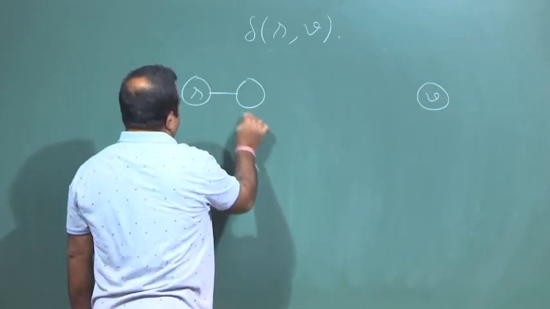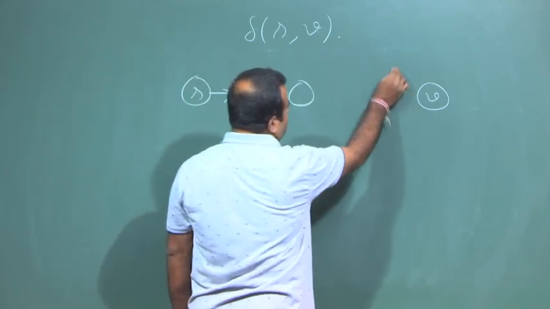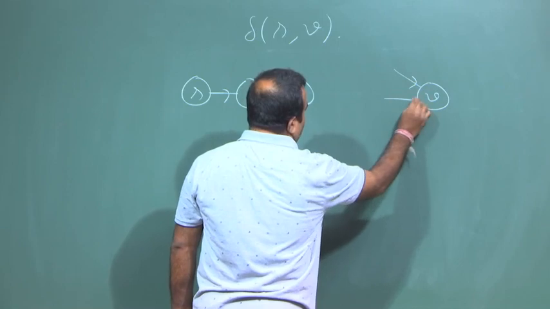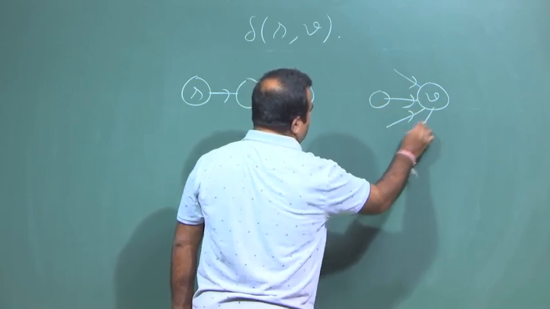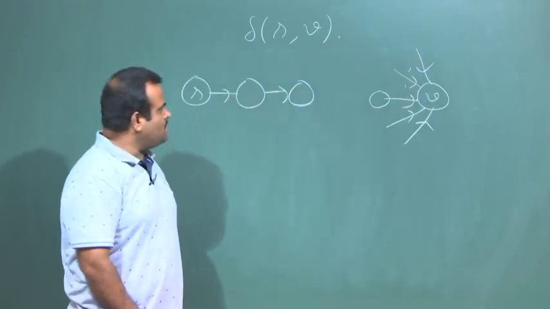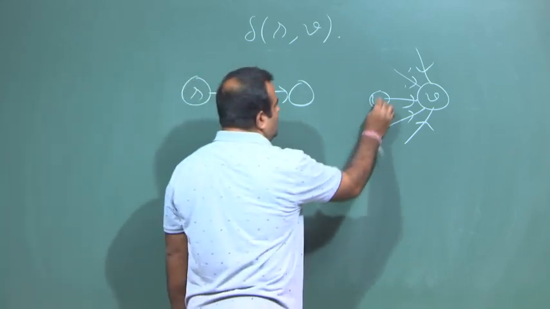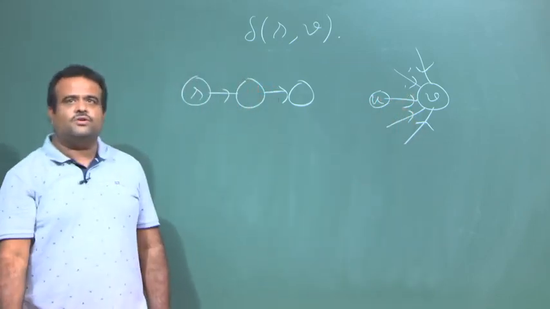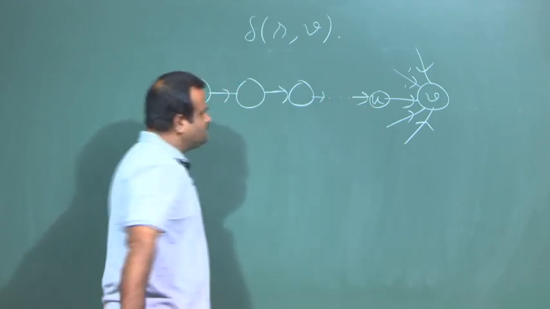There are some vertices which are incoming vertices of v. These are the direct edges going to v.